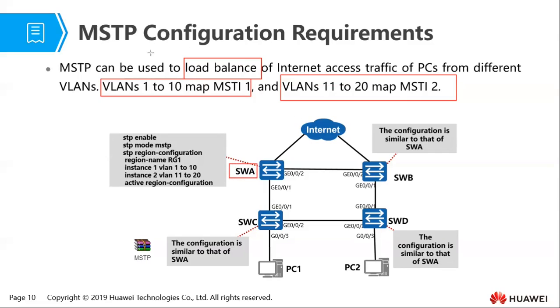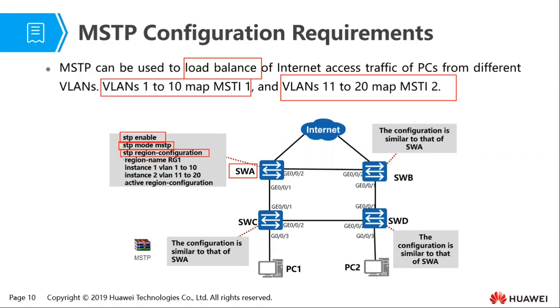So how to configure MSTP? The first thing is you have to enable STP in system view, like that. Then after that, you configure the STP mode: STP mode MSTP. Then you have to enter the MSTP region configuration view by typing STP region-configuration.